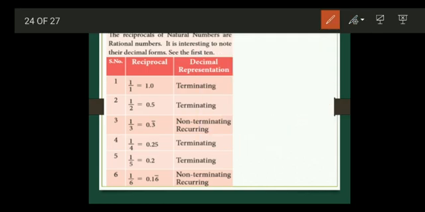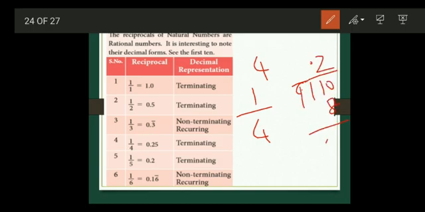Now we'll move to the fourth natural number, that is 4. When you do 1 by 4, you will get 0.0. 2 times 4 is 8, remainder you will get 2. If you add 0, 5 times 4 is 20. So here we have got remainder 0. So this is terminating.